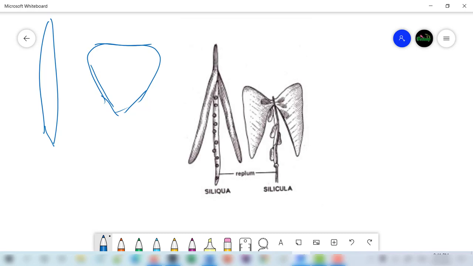It is known as replum. The seeds are clearly seen attached to this replum. So these are the two common fruits of the family Brassicaceae.